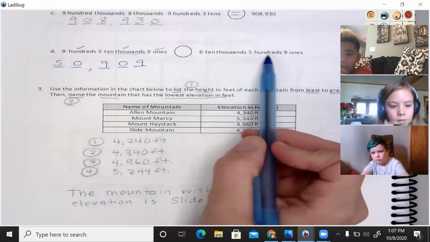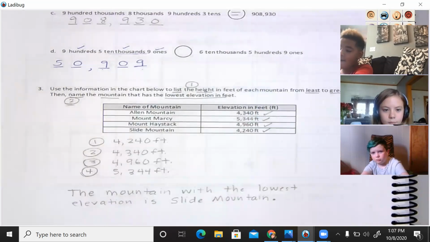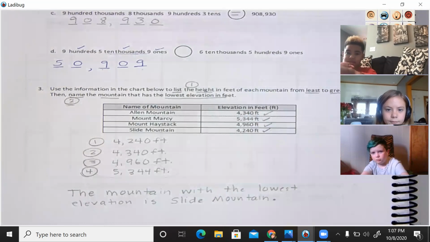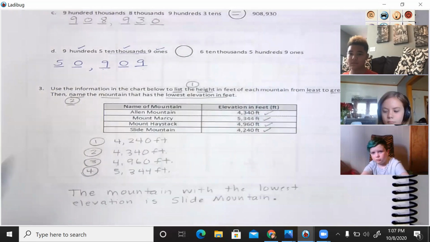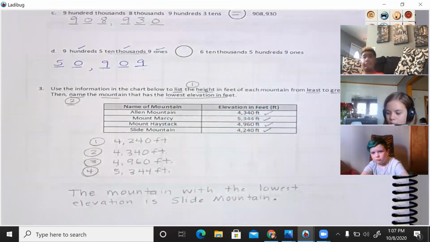Trace, you're going to do this next one for me. 6 10,000s, 5 hundreds, 9 ones. What's the biggest place value that you see? What's the biggest? 10,000s, hundreds, or ones? 10,000s.